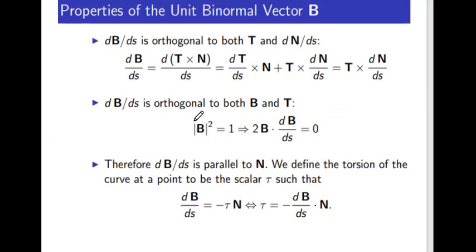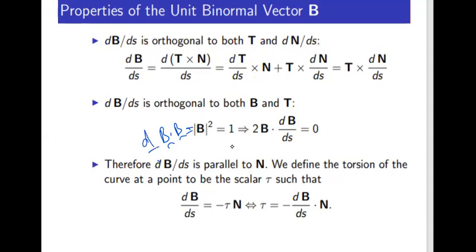The magnitude of B is 1, so the magnitude squared is also 1. You can use the dot product, so this is the same as B dot B, which is equal to the magnitude of B squared. So let's differentiate.